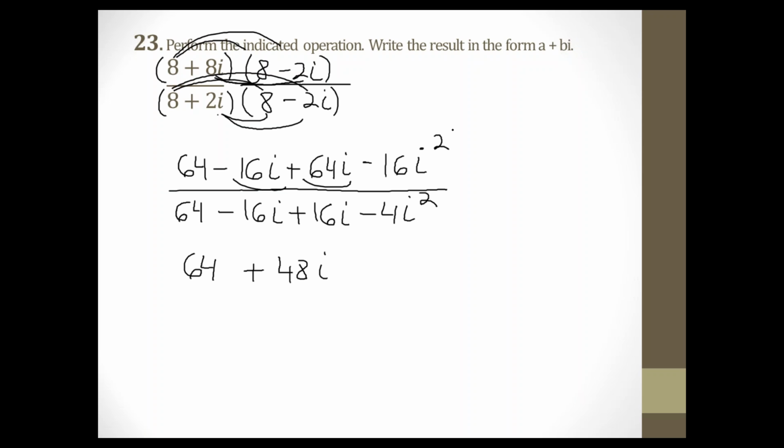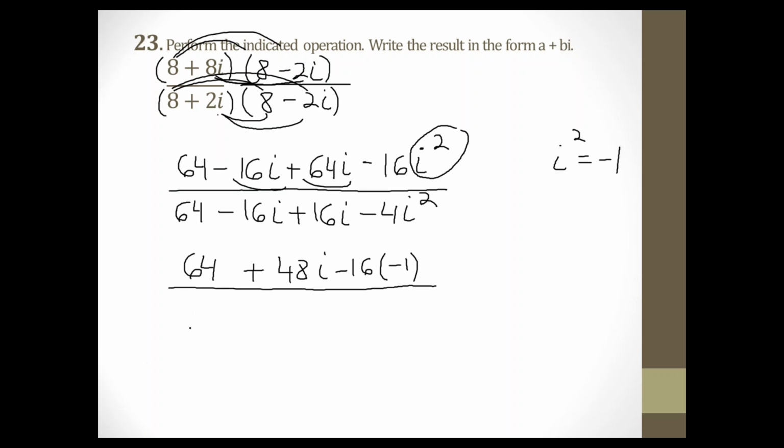And then right here in the complex numbers section, you should have learned that i squared is equivalent to negative 1. So instead of i squared, I can write times negative 1. I'm converting that i squared into negative 1.